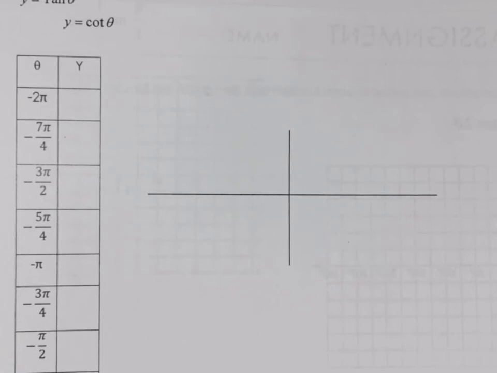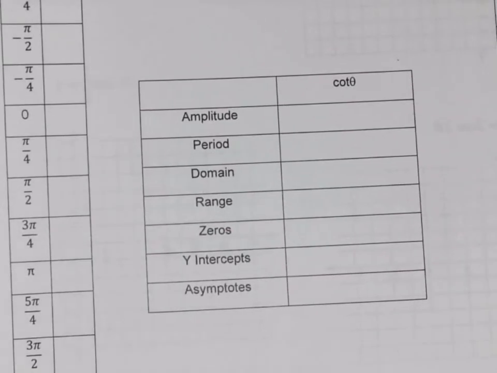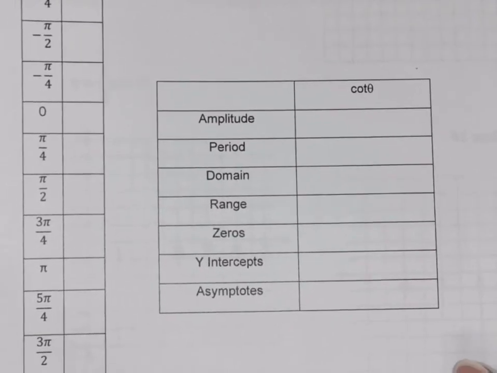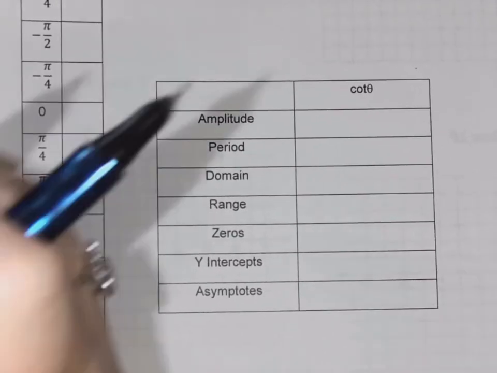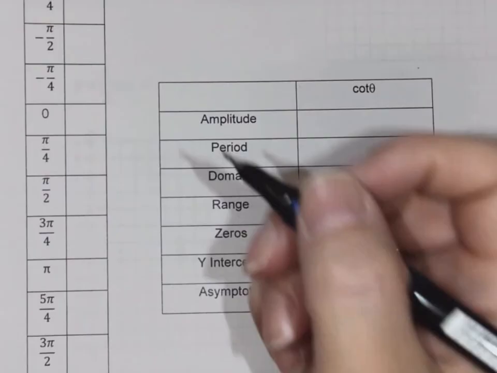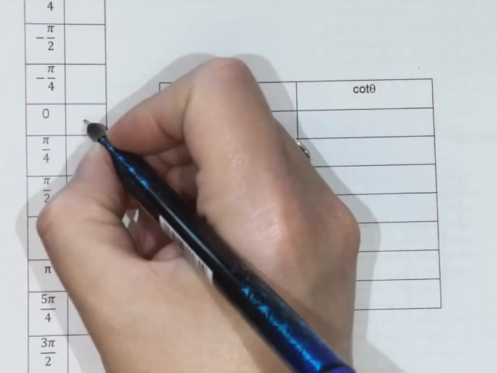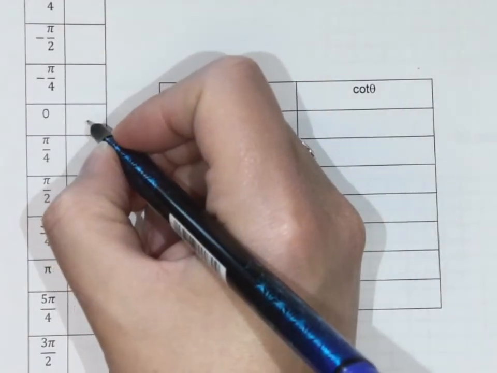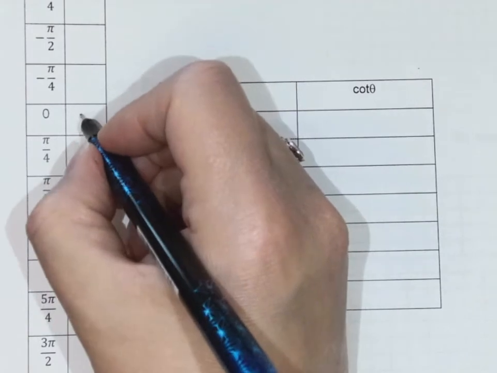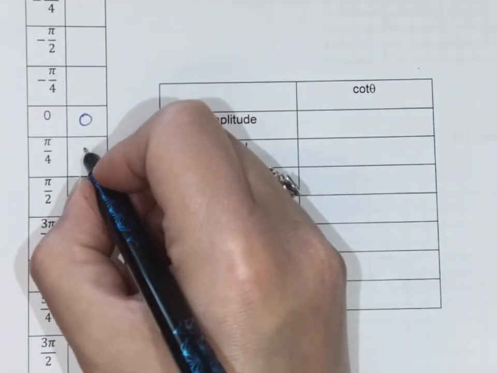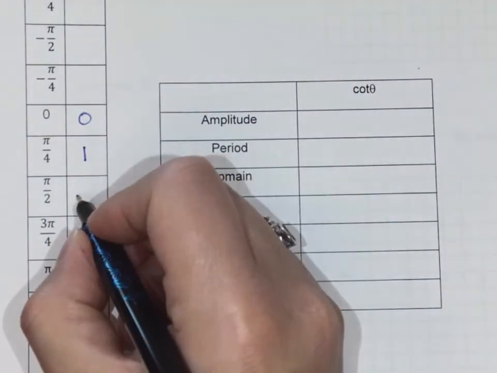At 0. Is it 0? Yeah. Okay. Pi over 4? 1. Pi over 2, undefined. Negative 1, 0, 1, undefined. Oh, I was going to put an angle there. What's the pattern? You can do the rest of it here.